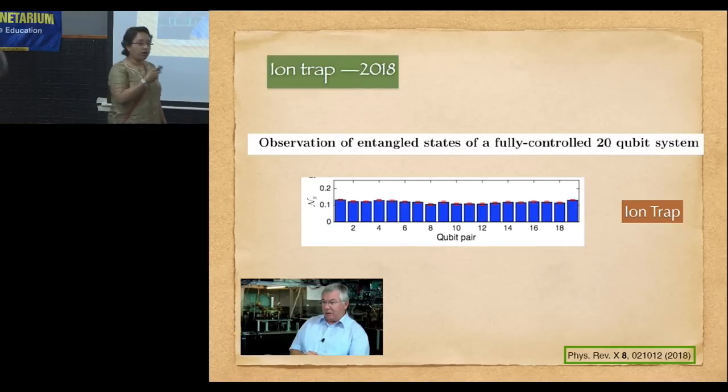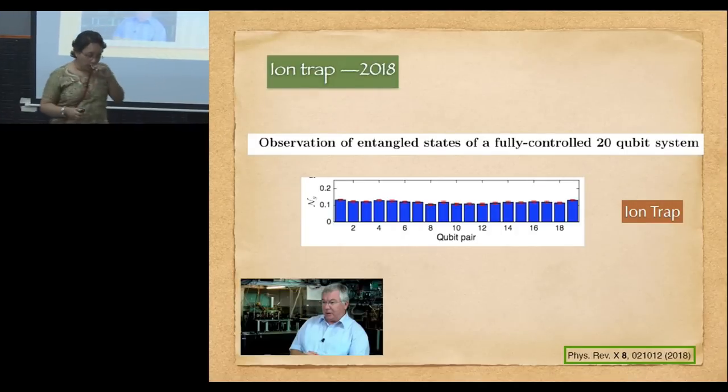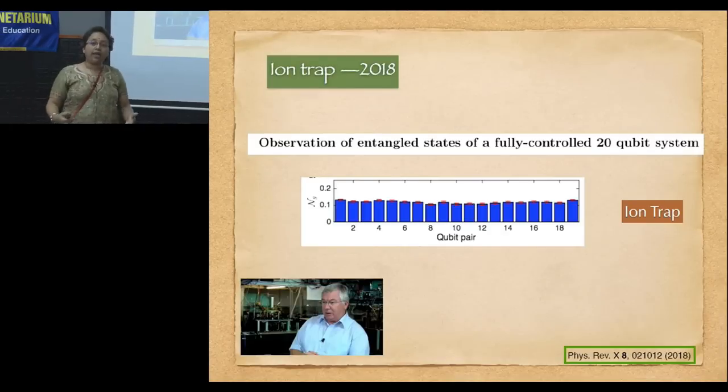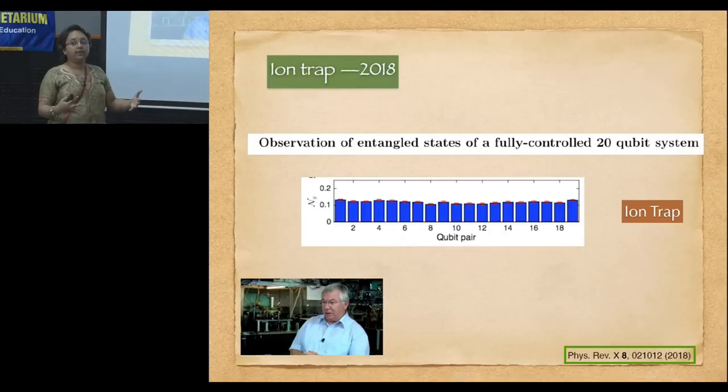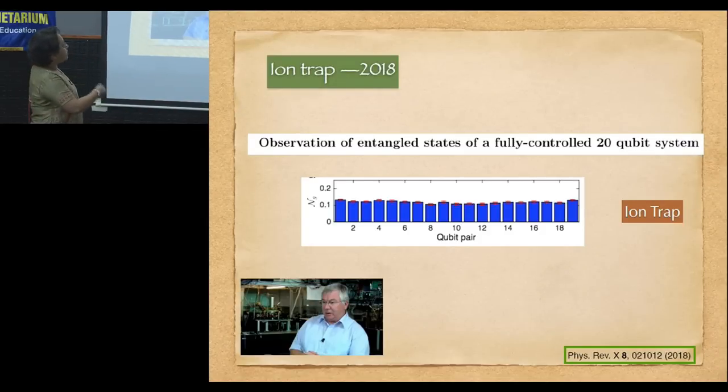This is very important for performing quantum computation, or it is one of the first steps to build a quantum computer, because we may need a highly entangled state between many qubits in the case of a quantum computer. So this is the maximum number of qubits they can entangle.